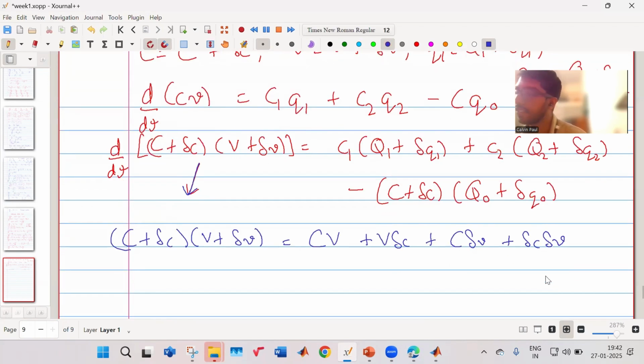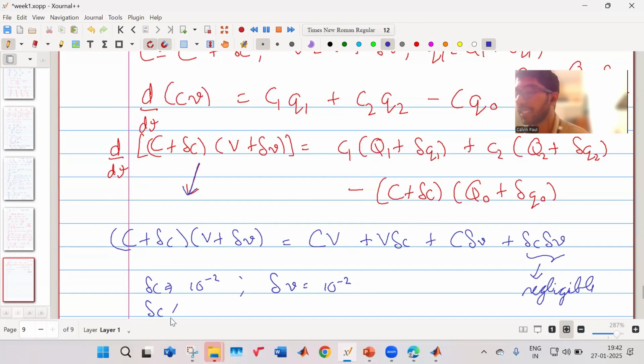What we do is we ignore this. This is negligible. This is an approximation we take because delta C and delta V are quite small. So delta C into delta V will be small. Like let us assume delta C is, let us say, 10 to the power minus 2. Delta V is 10 to the power minus 2.